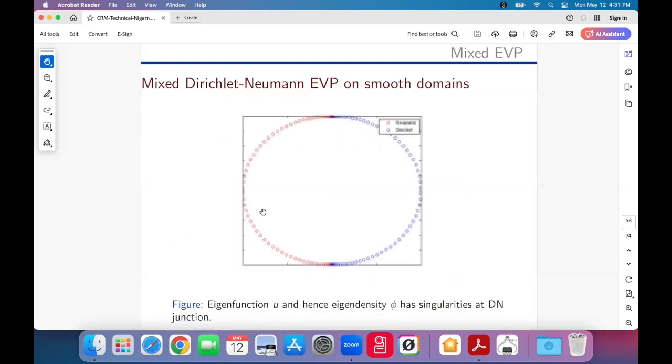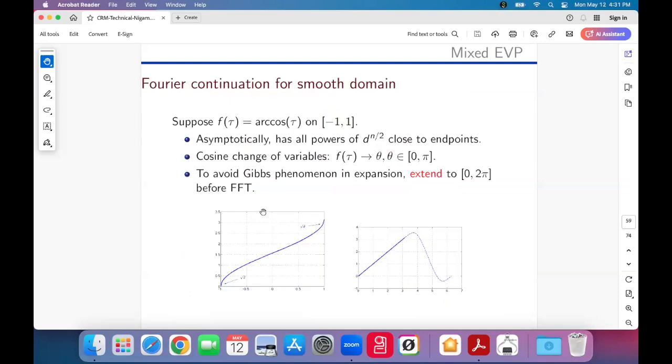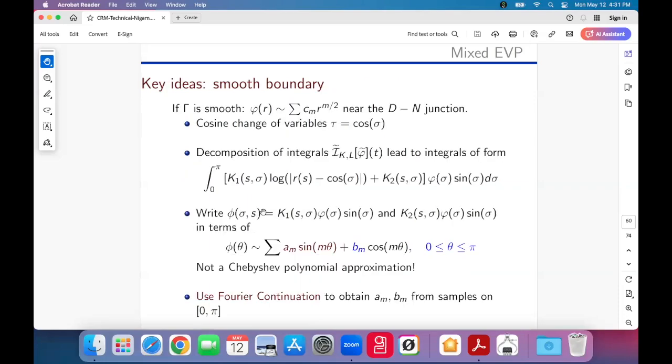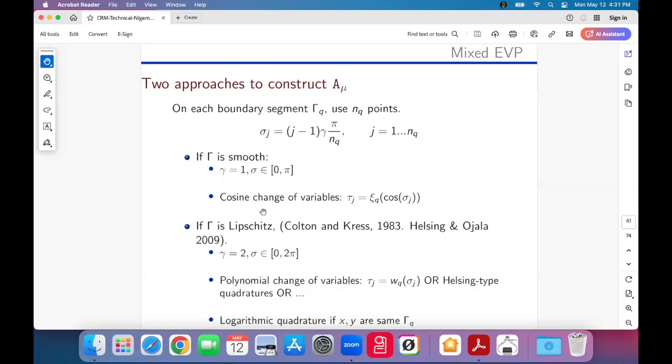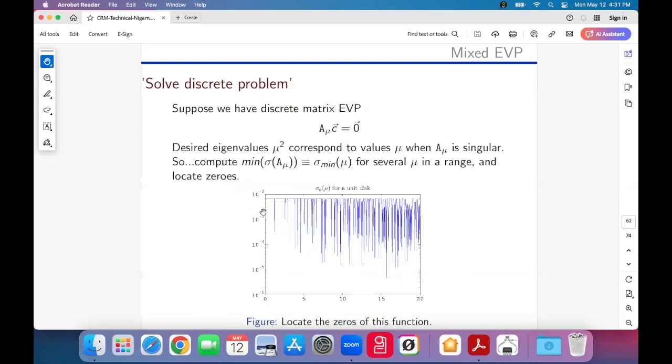We did something called Fourier continuation. On smooth domains, the eigenfunctions have singularities that look like the distance to the junction to the power n over 2. So we use Fourier continuation. We decompose our integrals, we do FFTs, and then we end up with very, very accurate methods.